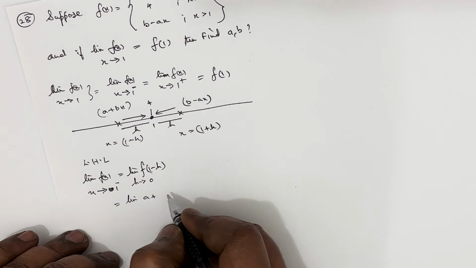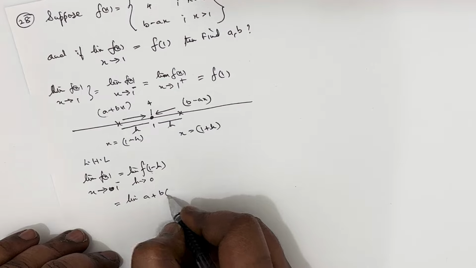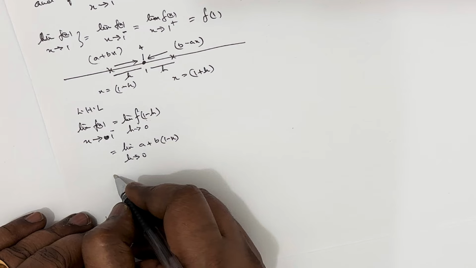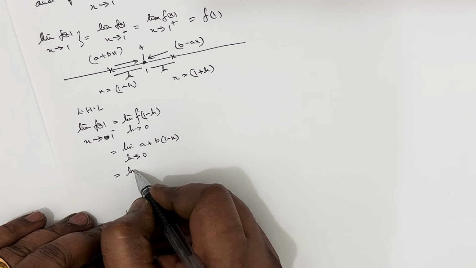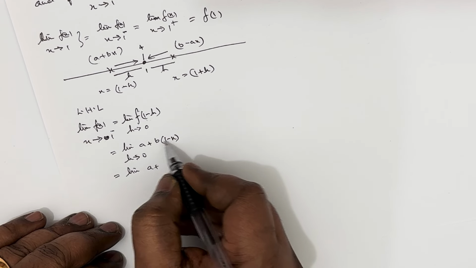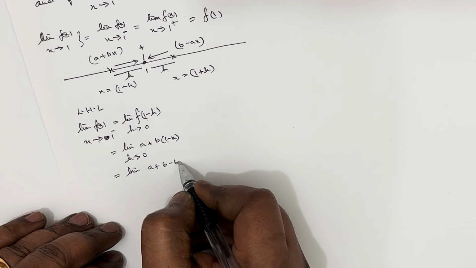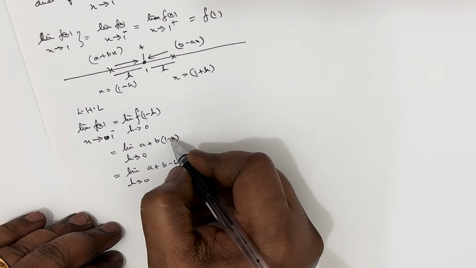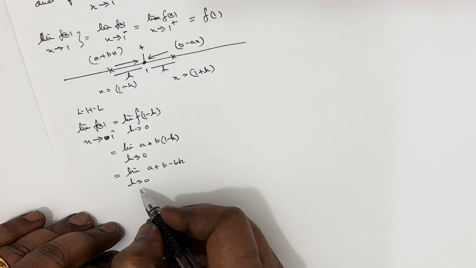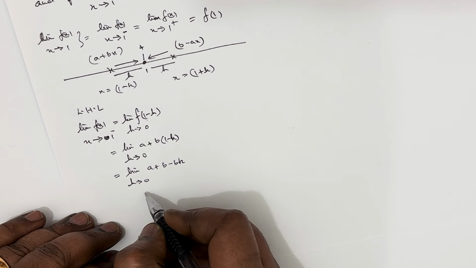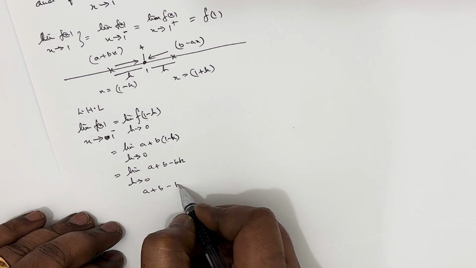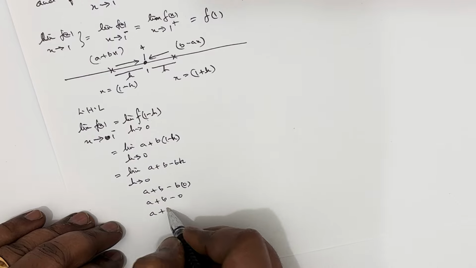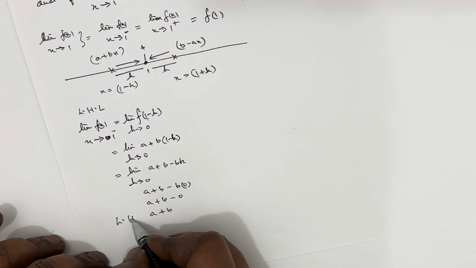So we have a plus b into 1 minus h as h tends to 0. This is equal to the limit of a plus b minus bh as h tends to 0. Applying the value of h in the function, we get a plus b minus b into 0, which is a plus b. So this is the left hand limit.